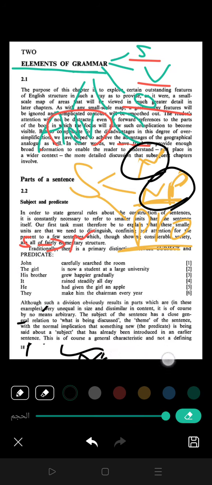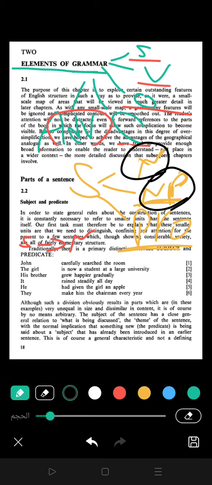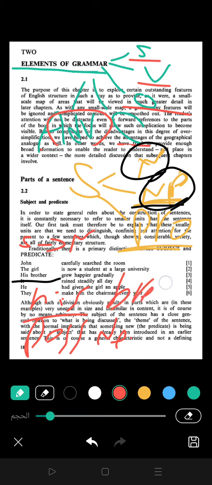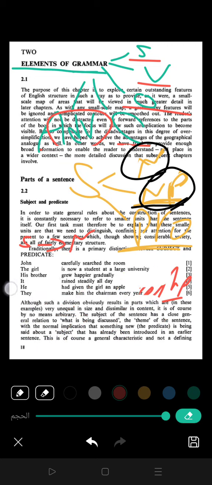The girl consists of the article determiner, and the girl is the head of the noun phrase. But both of them are the subject as a noun phrase. And the same with his brother. His brother: his is a possessive determiner, and brother is a noun, the head of the noun phrase.